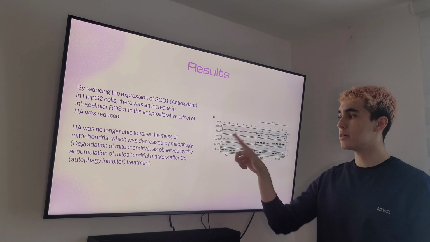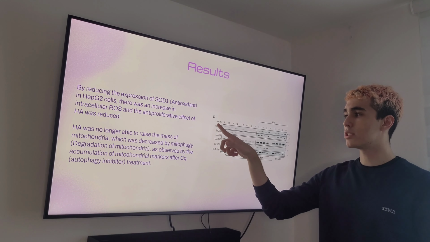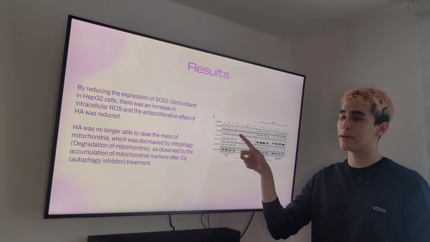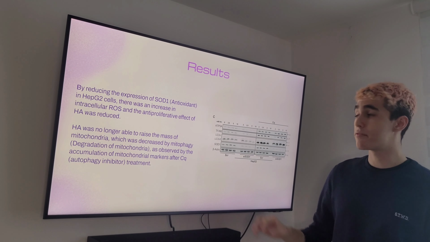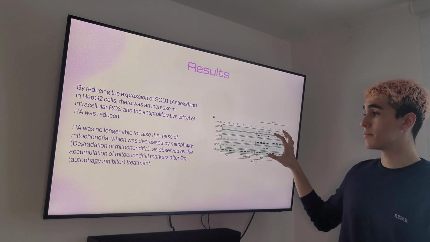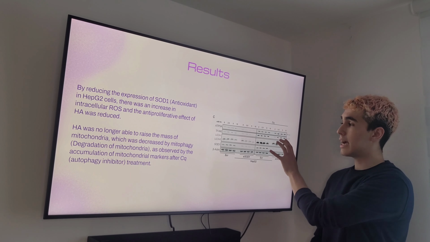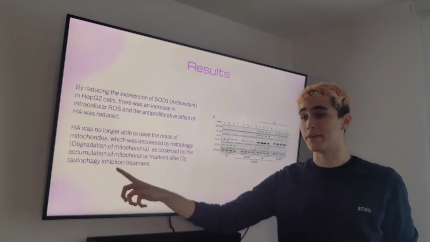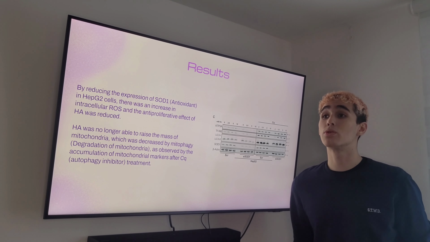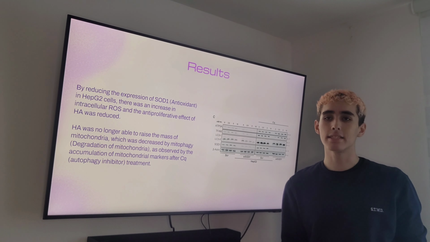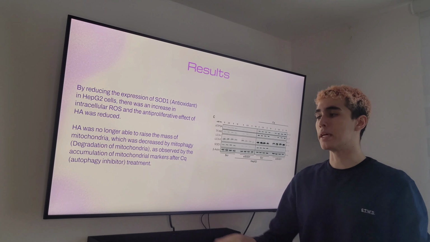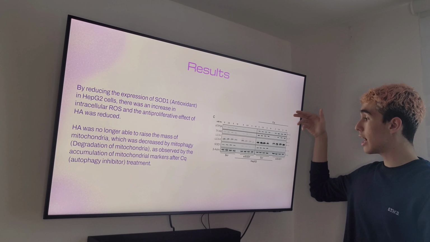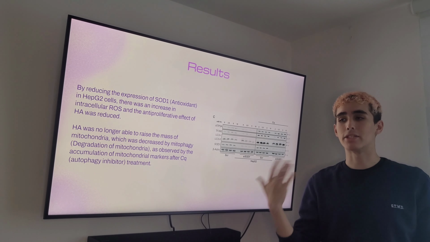As you can see, it doesn't matter the concentration of the fatty acid, the mitochondrial markers are going to stay the same. The big difference is between this one and this one. The only difference is that this side has CQ, an autophagy inhibitor. So the cell is going to keep all the things that it doesn't need because of this substance, and we are going to see a lot more mitochondrial markers.